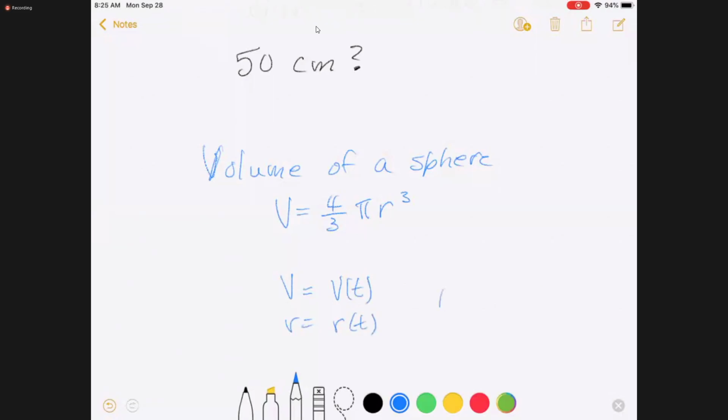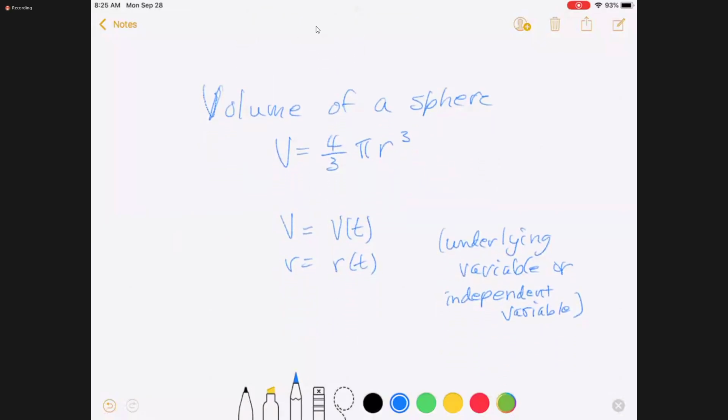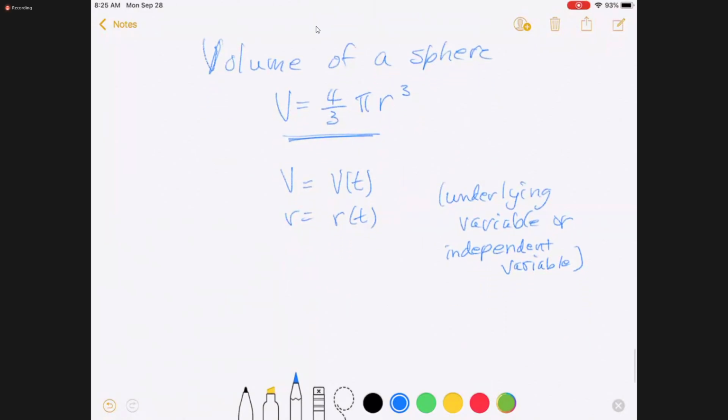So your underlying or independent variable is time. Volume and radius depend on time. So this is what we're going to be differentiating with respect to t. Let's do that first. You don't want to put in your constants too fast.